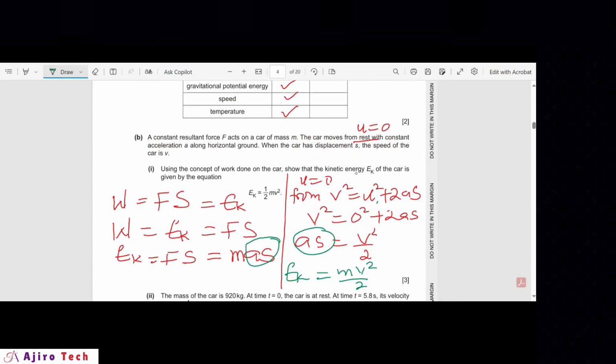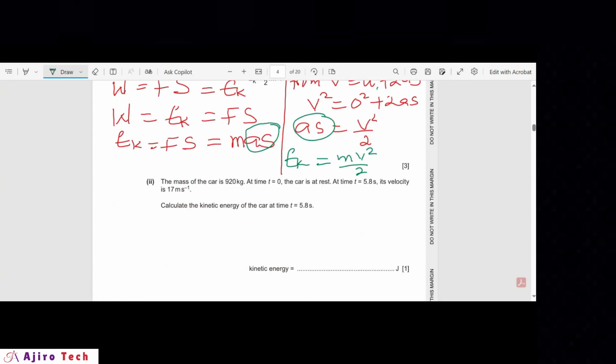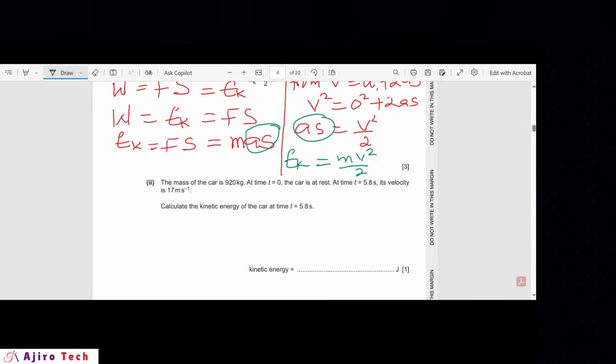Now question C. I think it's nothing difficult because we are just making use of the formula we proved here. The question says the mass of the car is this. This is the m. We have from rest as well. So at time t from 0 to 5.8 seconds, the velocity is now v, given as 17.